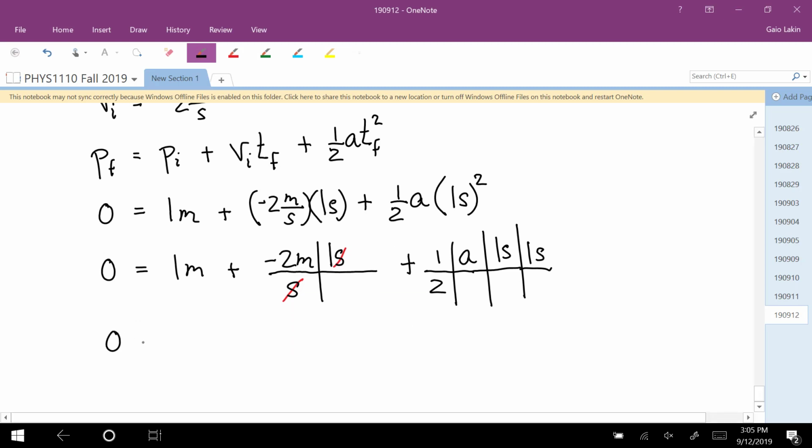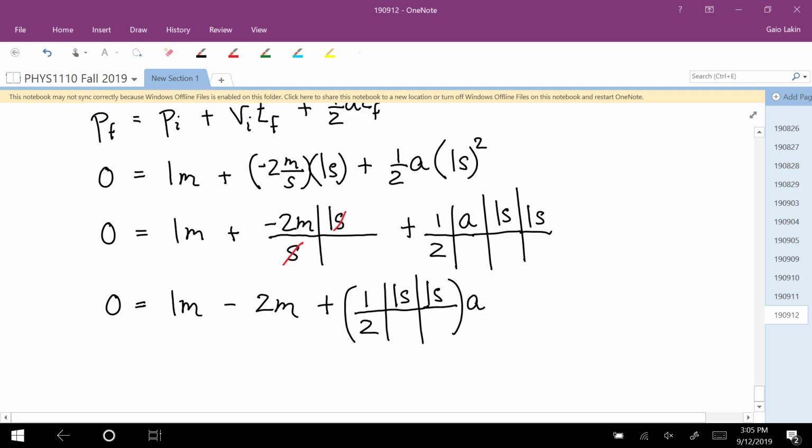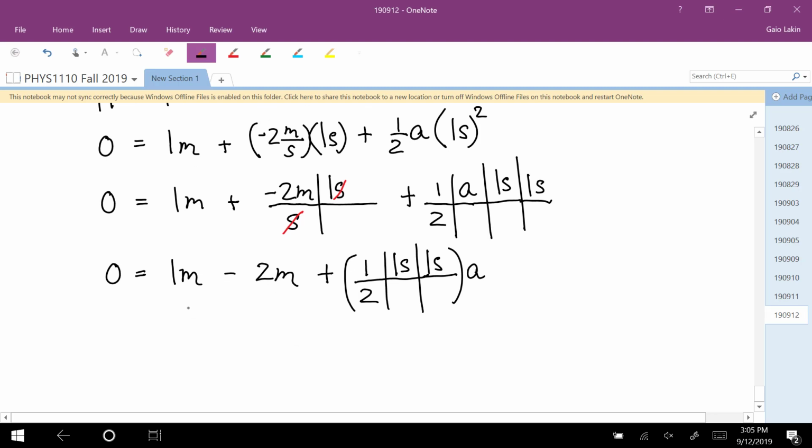And so we get 0 is equal to 1 meter plus -2 meters, I'll just write that as -2 meters, plus 1 over 2 times 1 second times 1 second. And then all this is multiplied by A. You can think of it as we're going to have to divide by all that stuff in parentheses to get A by itself. Add these two together and you get -1 meter.